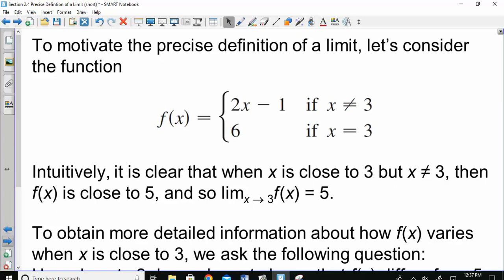Okay, so motivation. Let me ask a question. If I gave you a function, f of x equals 2x minus 1 if x is not equal to 3, and 6 when x does equal 3. You could draw a piecewise function.